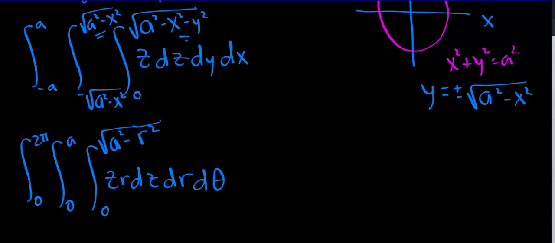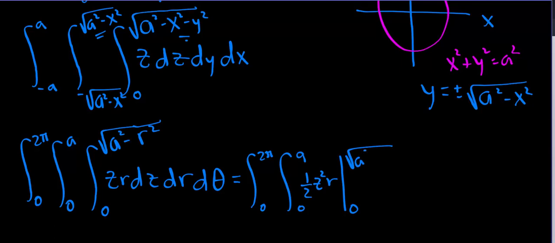So if I integrate with respect to z first, let's see what I would have. Got 0 to 2 pi, and then 0 to a. I'm integrating with respect to z, so this is going to be 1/2 z squared r, going from 0 to the square root of a squared minus r squared, and I've still got dr d theta.